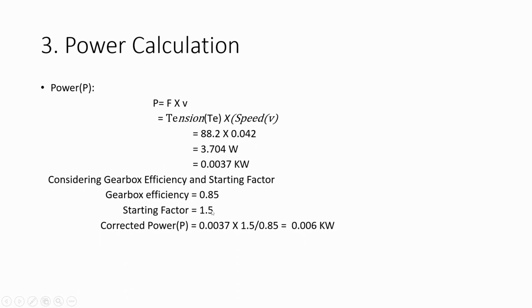This is a common practice to use 1.5 as the starting factor, because for starting some power is required. So this factor will accommodate that power requirement, starting the conveyor from 0 speed to maintaining a constant speed. So after applying these two factors, the corrected power comes out to be 0.006 kilowatt. So this is the design power of the motor.